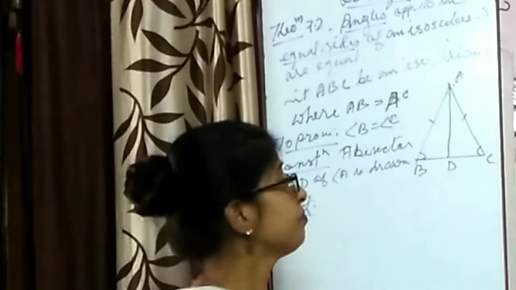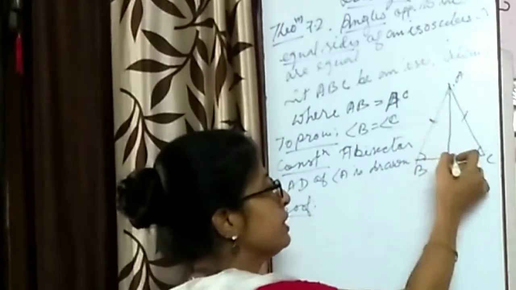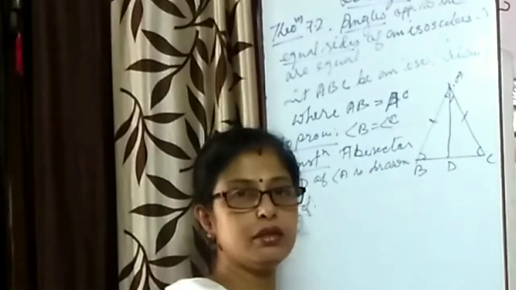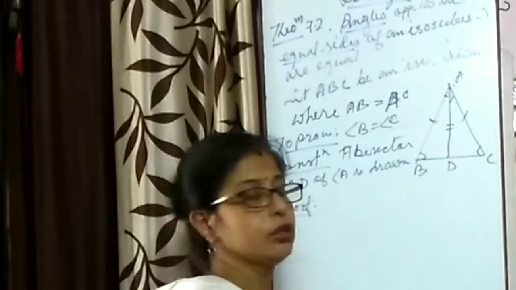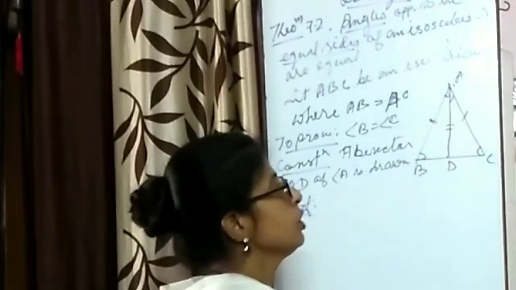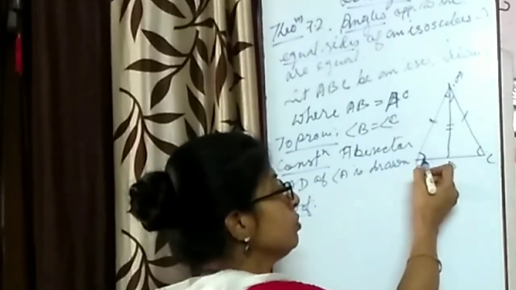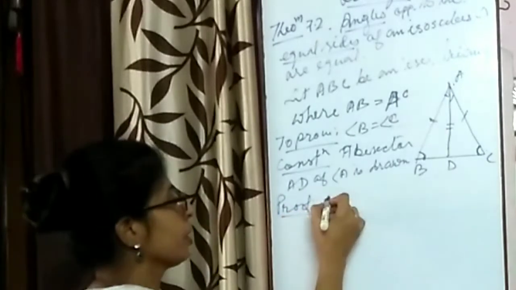Now it's clear. Two sides are already given equal. As AD is a bisector, therefore this angle will be equal to this angle. And this is a common side. So by SAS, both the triangles are congruent. If both triangles are congruent, then angle B is equal to angle C by CPCT.